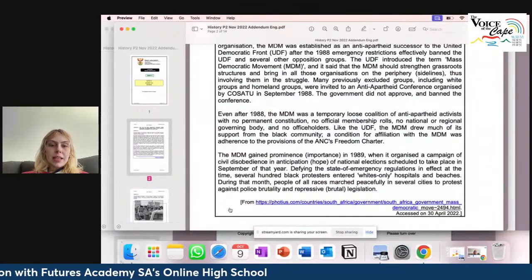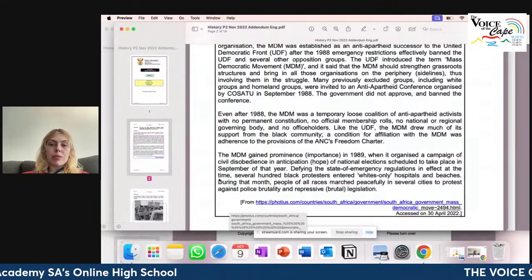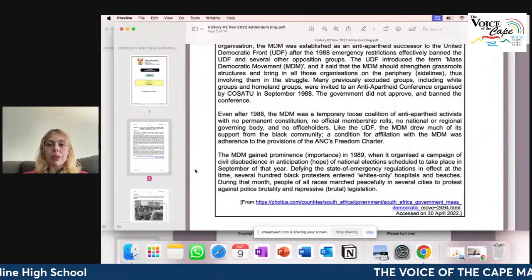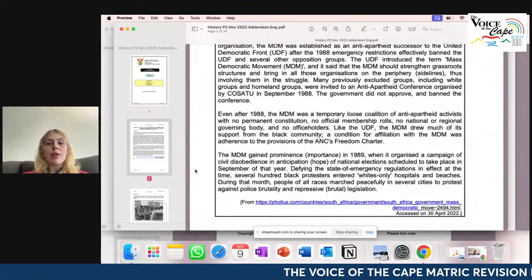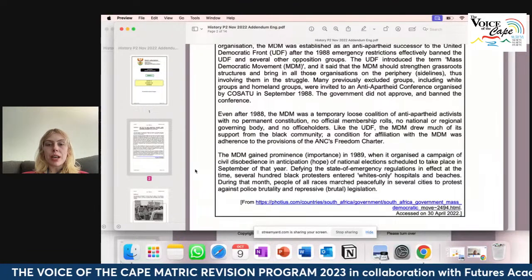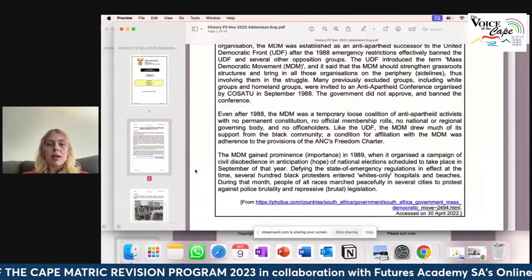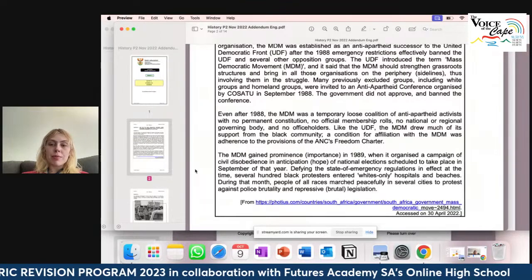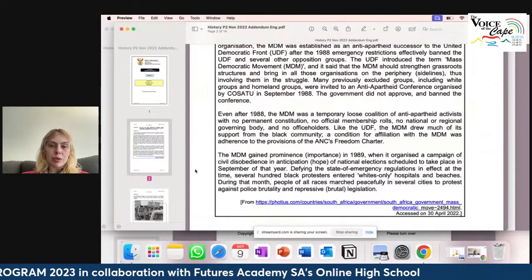Even after 1988, the Mass Democratic Movement was a temporary loose coalition of anti-apartheid activists with no permanent constitution, no official membership roles, no national or regional governing body, and no office holders. Like the UDF, the MDM drew much of its support from the Black community.